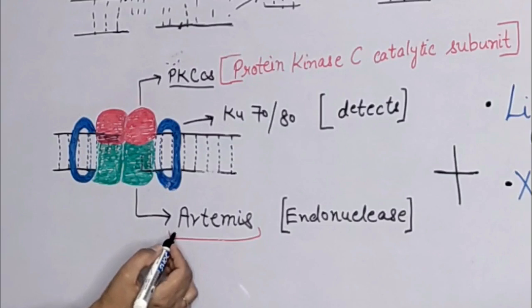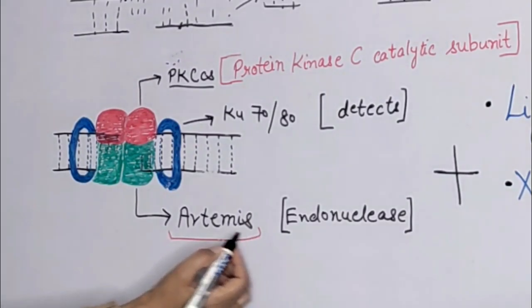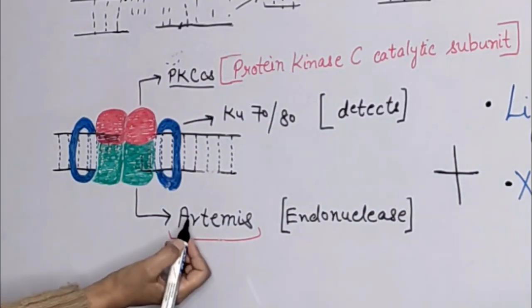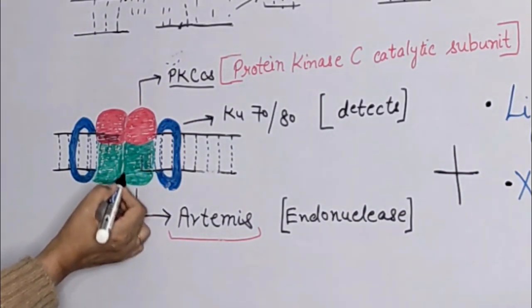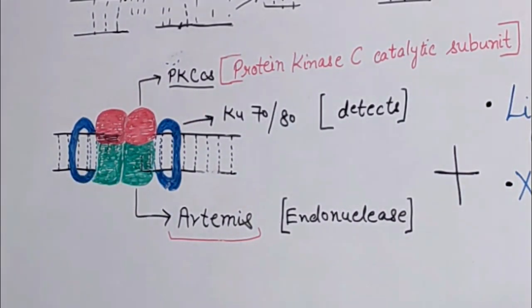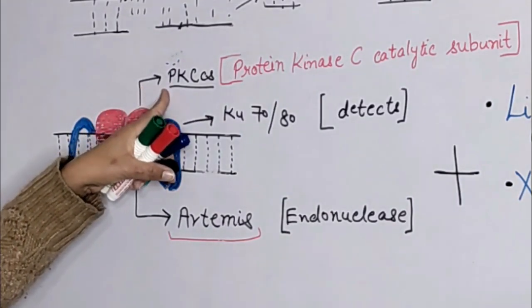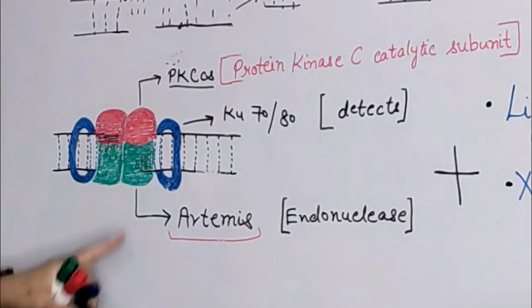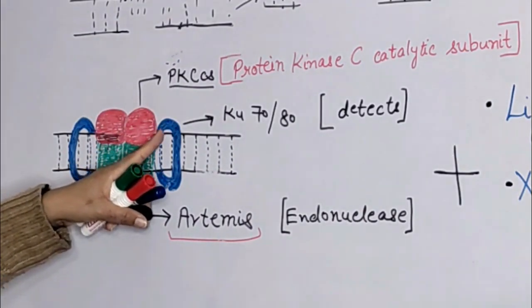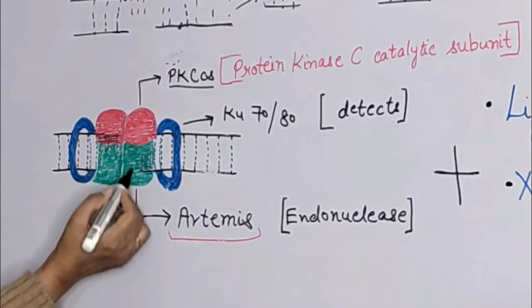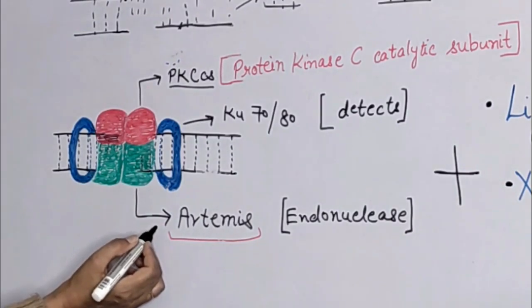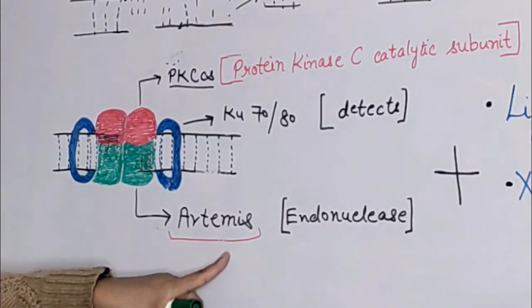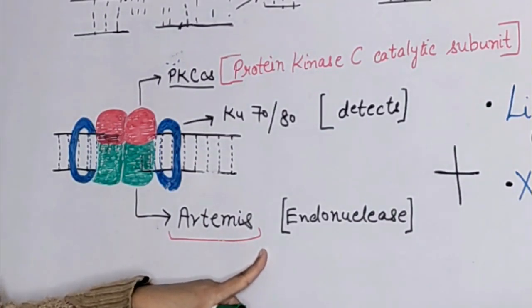After this, one more protein gets recruited here, known as Artemis. So the Artemis protein also comes here and joins to the broken ends. Now we know that DNA-PKcs has become activated after binding to the DNA molecule. So now it phosphorylates this Artemis protein. After getting phosphorylated, Artemis becomes activated.